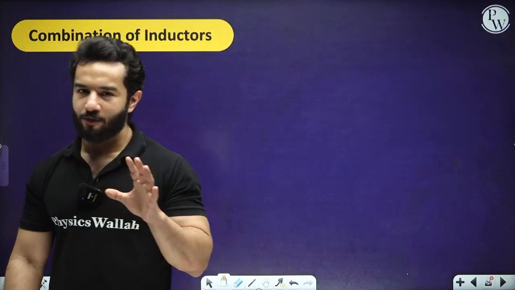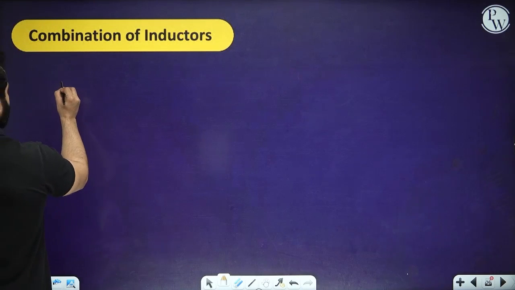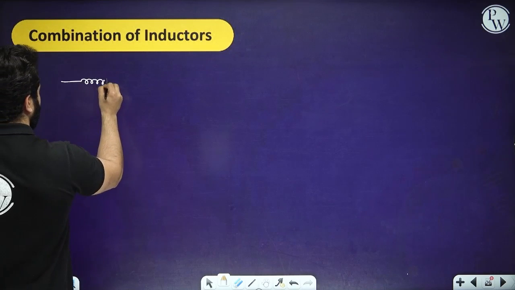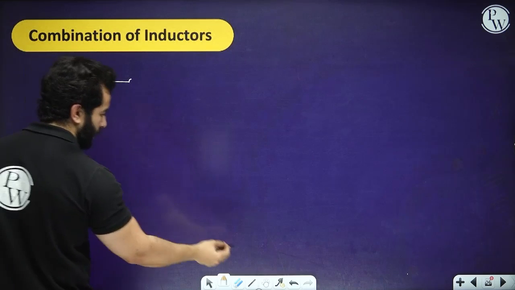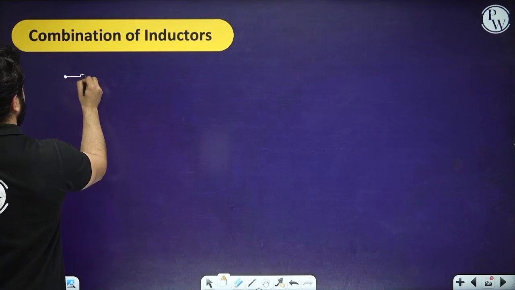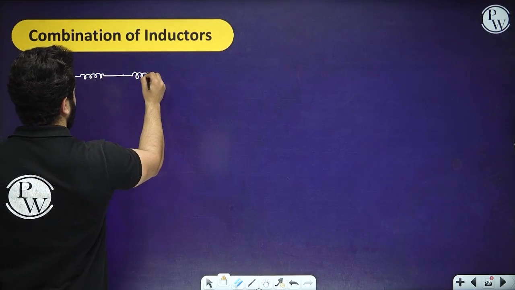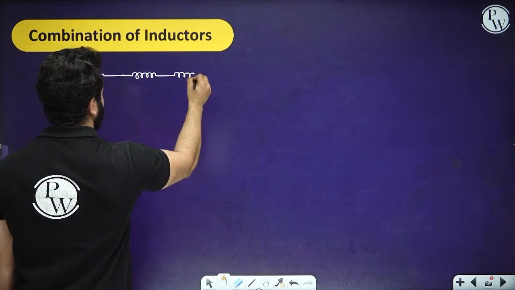Well, the combination of inductors is quite easy to understand. There are mainly two types of combination, as we have studied in other cases also. Let's suppose we have got L1, L2 and L3.